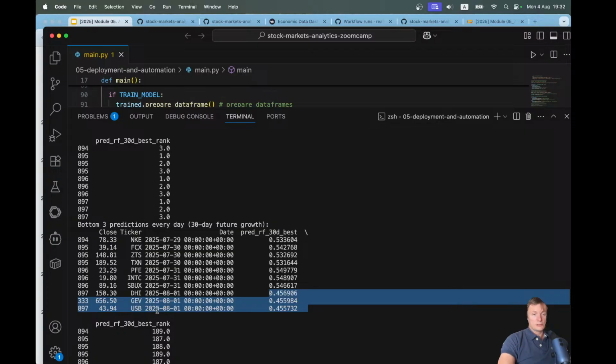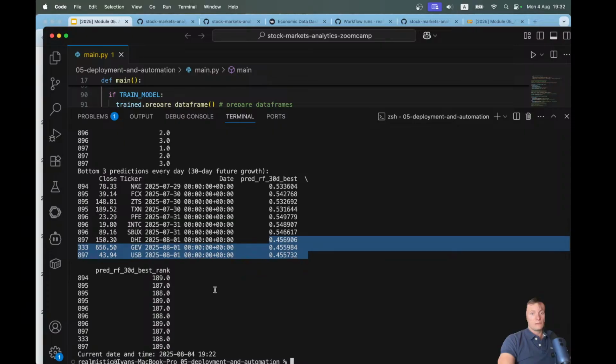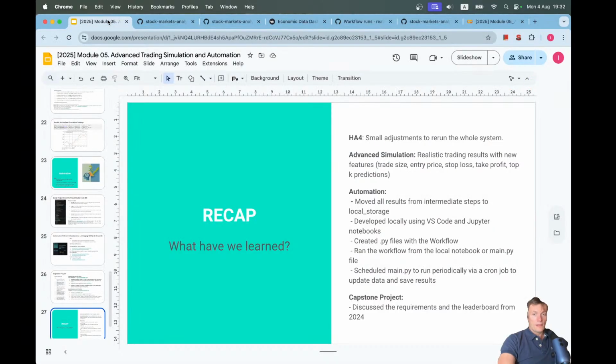So if you want to combine long and short strategies, so buy highest predictions and sell lowest predictions to make a market neutral strategy, you can do this as well. So that's the output from the workflow, and you can save it to the database. You can send it to the dashboard or to the API directly.